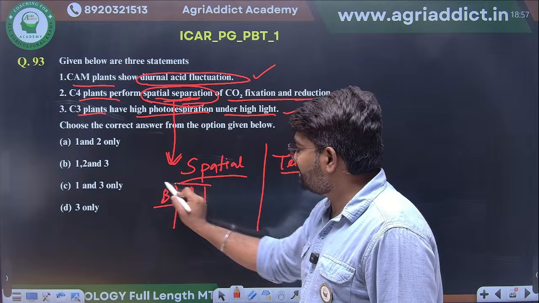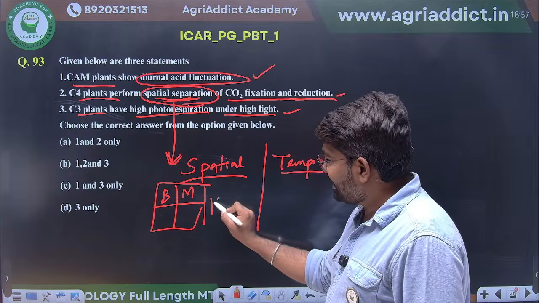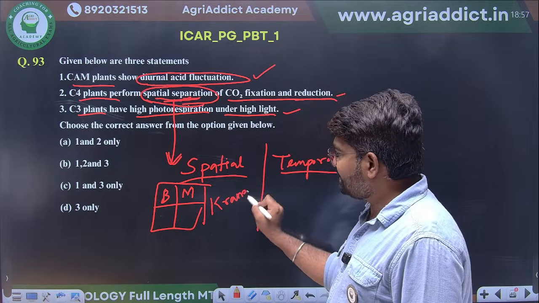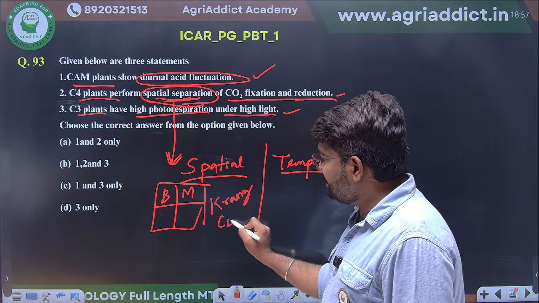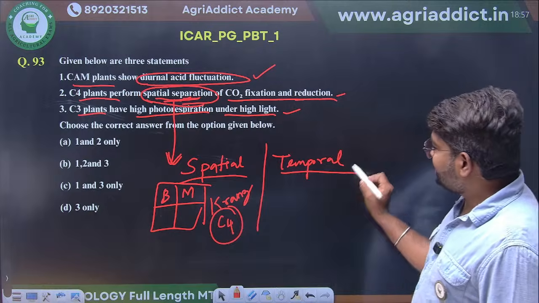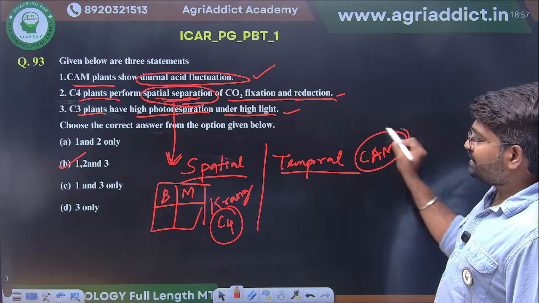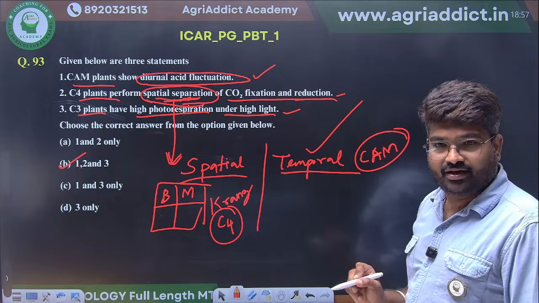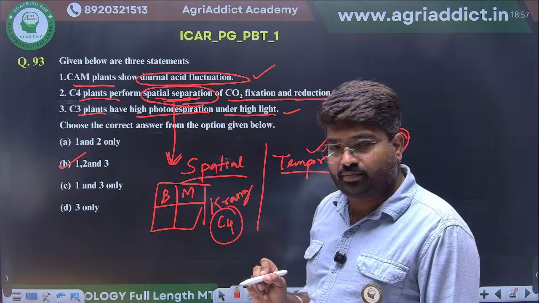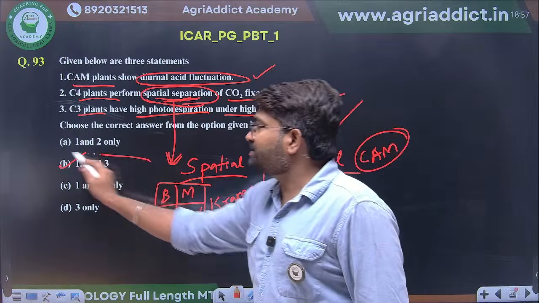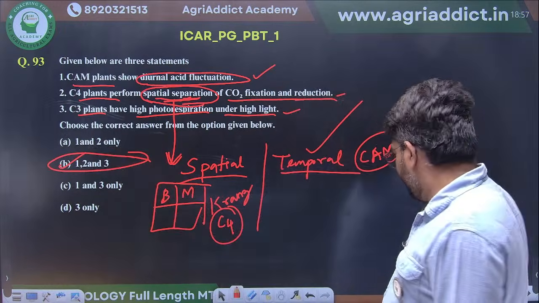That we call Kranz anatomy. Kranz anatomy will be there only in C4 plants. But in CAM plants, there will be a temporal separation. So the option 1, 2, and 3 is correct. Very good, students.